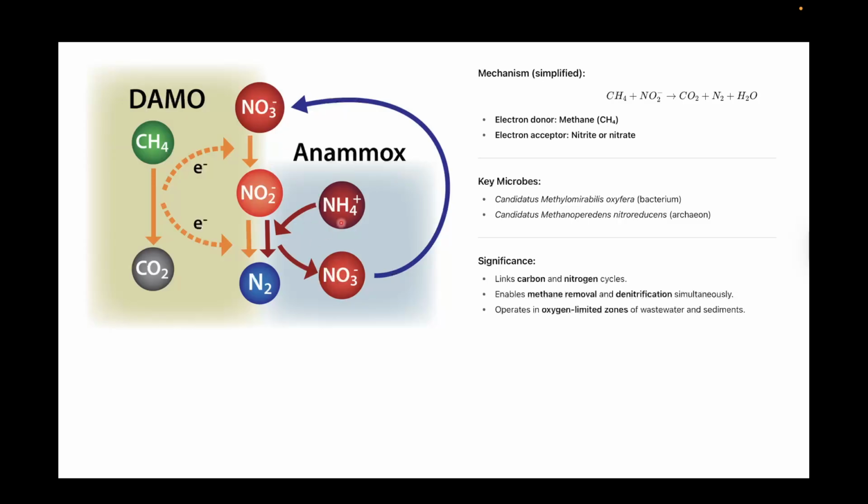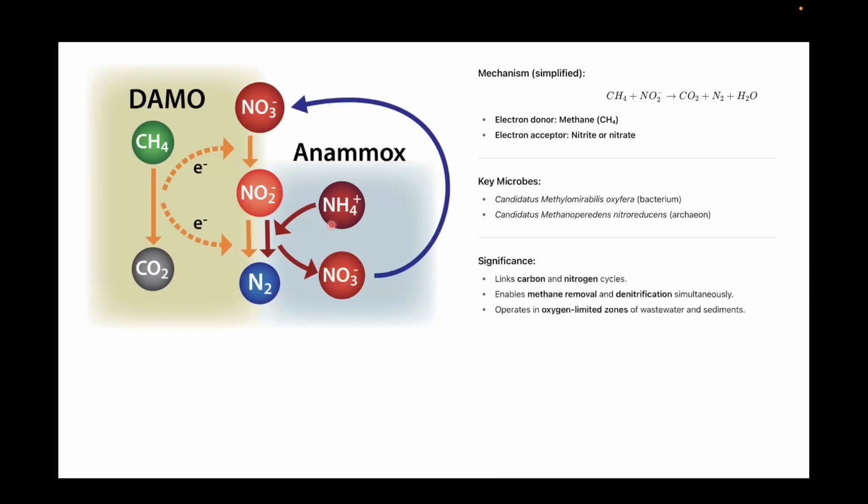Understood? Since N-Damo is using up all the nitrite as an electron acceptor and converting it into atmospheric nitrogen, more ammonia has to be pushed into the reaction so that more nitrite and nitrate are generated, thus enabling nitrogen removal, methane removal and denitrification simultaneously, linking the carbon and nitrogen cycle.